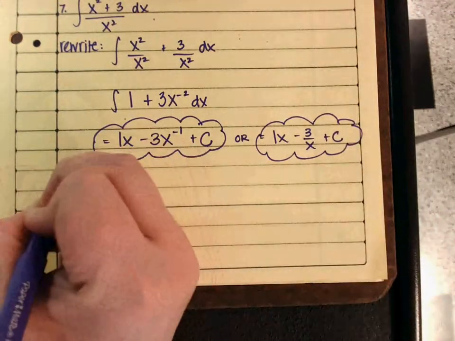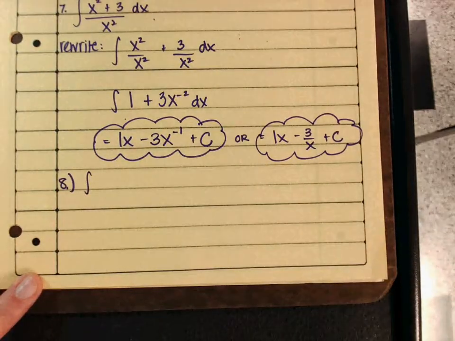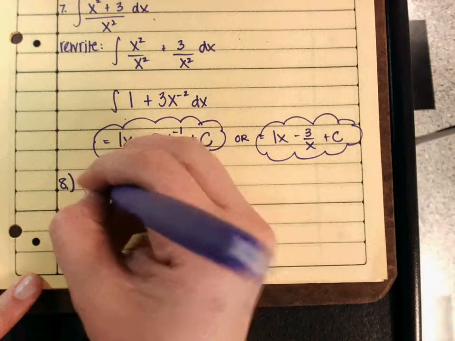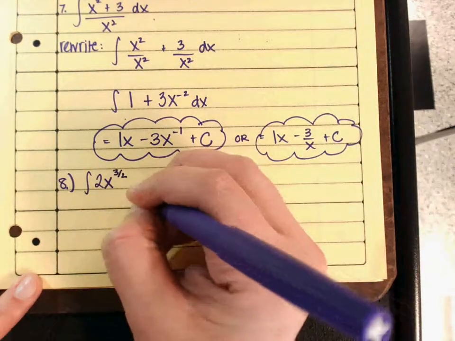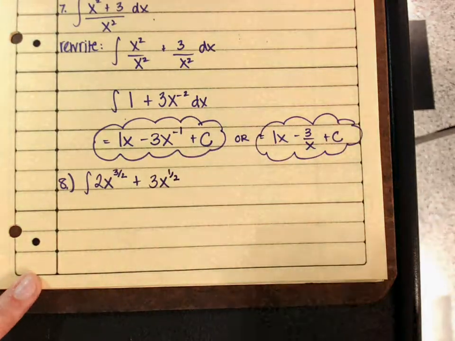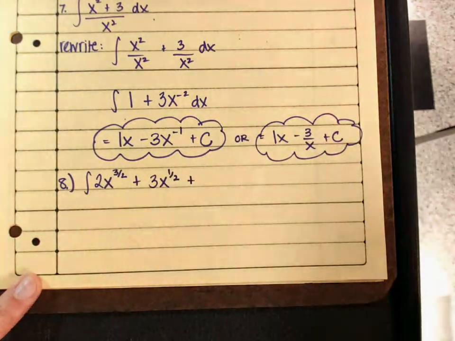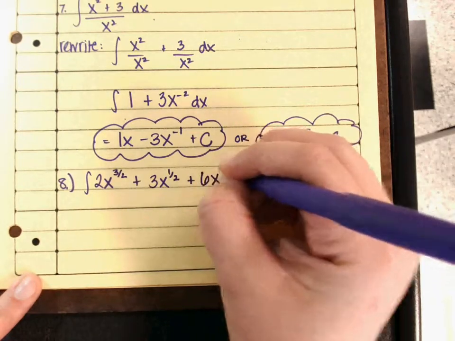You can fit it. Okay, integral of 2x to the 3 halves plus 3x to the 1 half plus 6x to the 2/3.